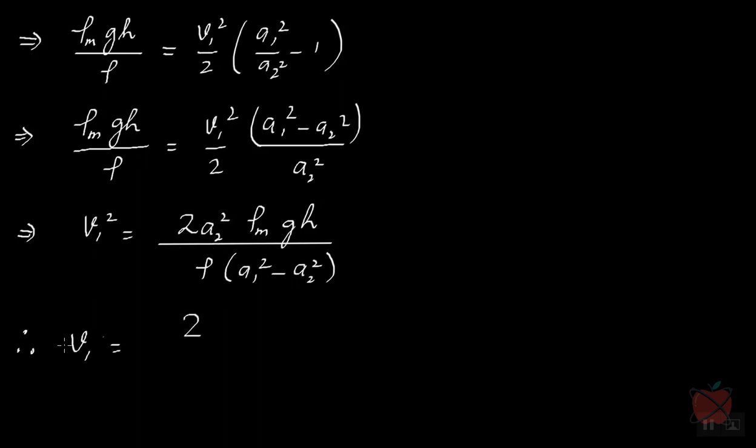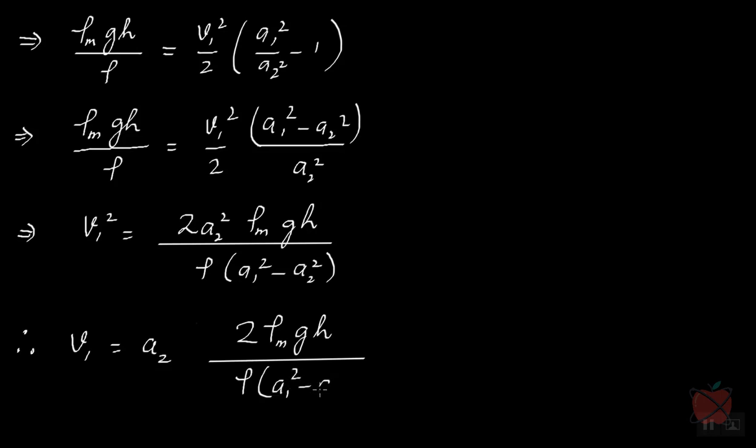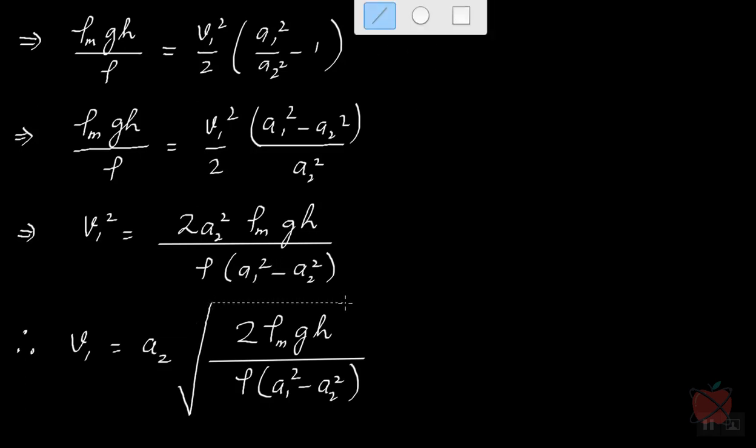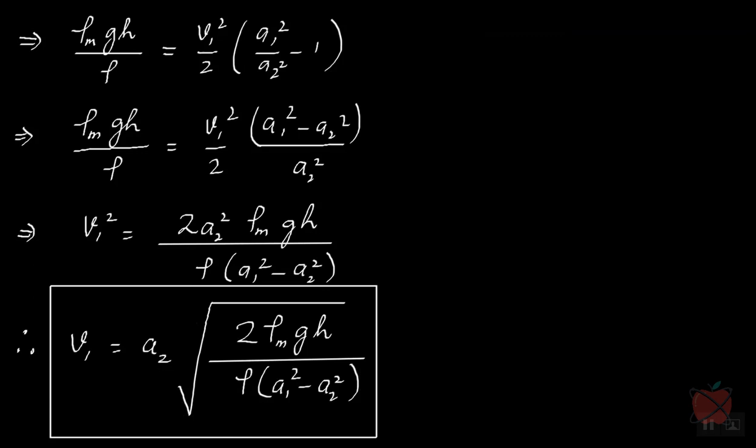A2 can come out of the square root, so you have A2 times the square root of 2 rho1 mgh by rho (A1 square minus A2 square). This is the speed of the liquid inside the tube.